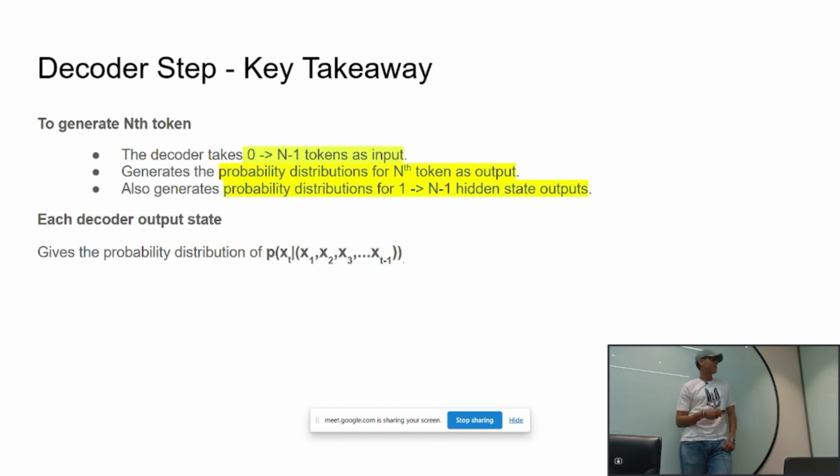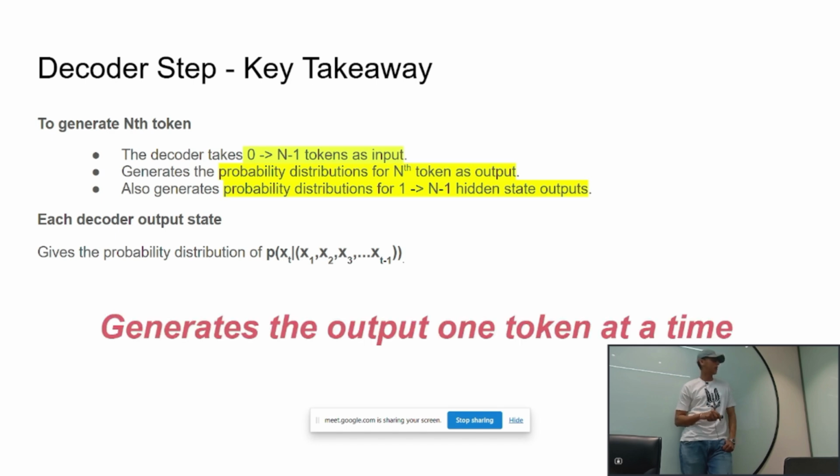Each output is not actually a token, but it is the probability distribution of all tokens given that particular input. The important part here is that the decoder will generate output one token at a time. You cannot expect it to generate multiple tokens given just one input. So this is the auto-regressive behavior of the transformer architecture.